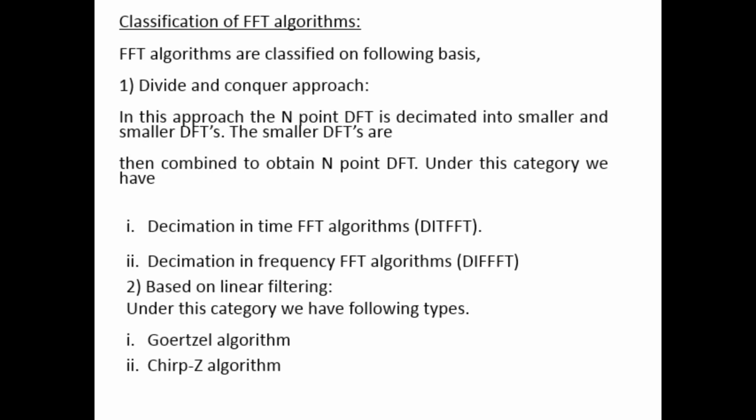Under this category, we have first, decimation in time FFT algorithms, which is known as DIT FFT. Second one is the decimation in frequency FFT algorithm, which is known as DIF FFT. And the second basis is linear filtering. Under this category, we have first the Goertzel algorithm and second the Chirp Z algorithm.